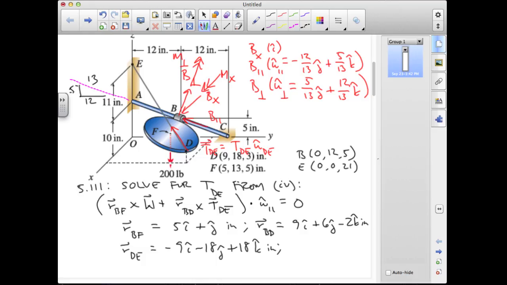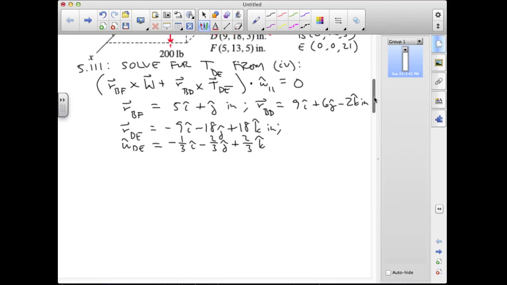A vector 1, 2, 2 has magnitude 3, and it will turn out the unit vector that goes with this is minus 1/3 I minus 2/3 J plus 2/3 K. So on that basis now we'll start carrying out the details.